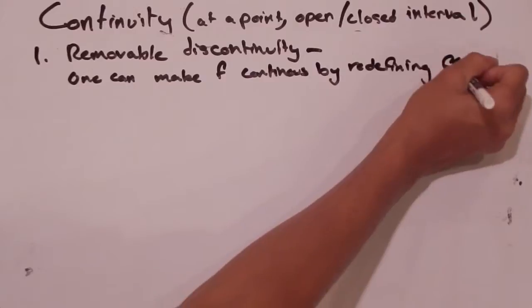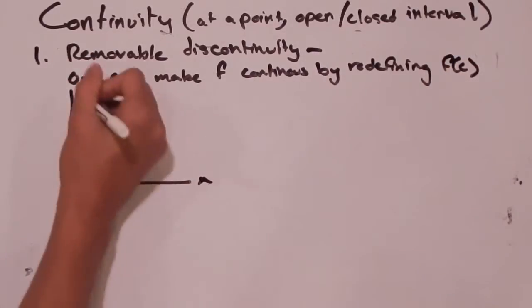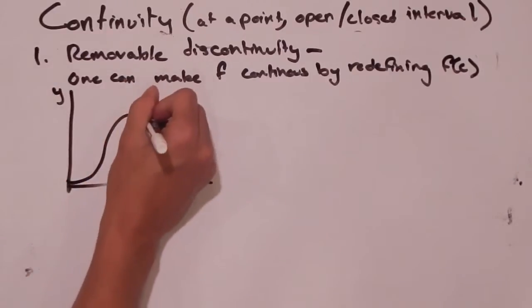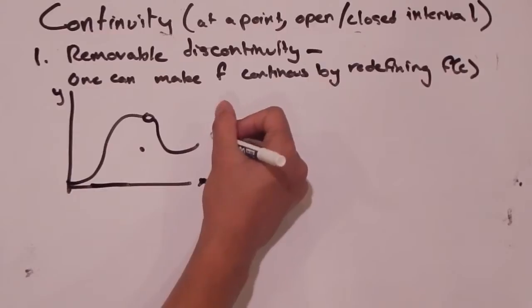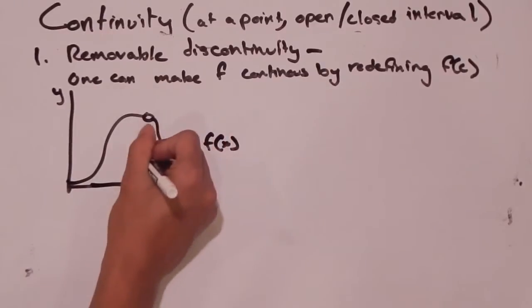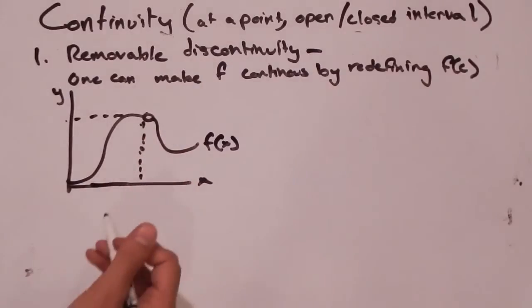f of c. So for example, if we had a graph of a function like this, you can see f of c and the limit as x approaches c of f of x are not equal.